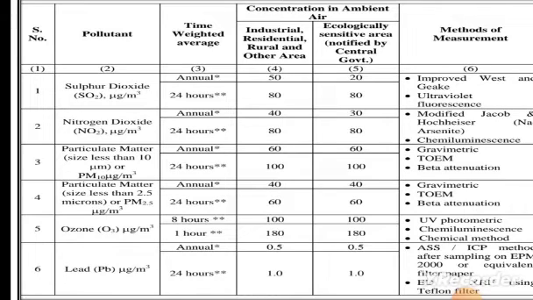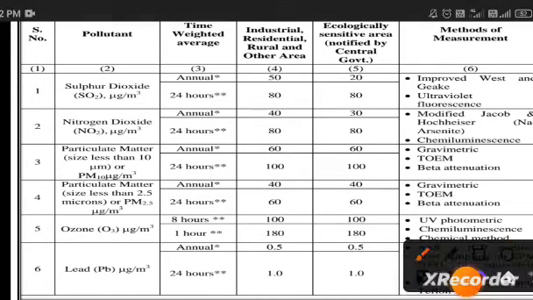Now, let's know about air quality standards. The air quality standards indicate the level of pollutants that cannot be exceeded during a specified time period in any area, and with due reference to the method of measurement, unit of measurement, concentration and time of exposure also given.